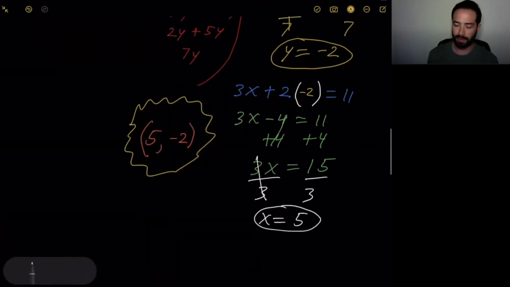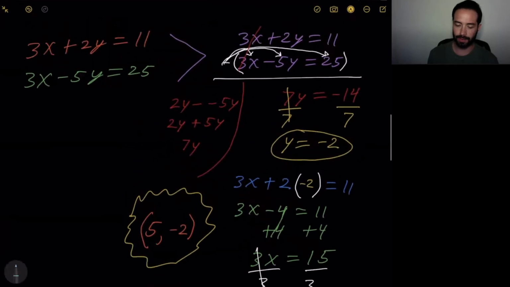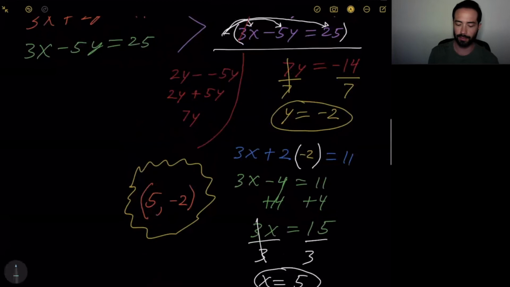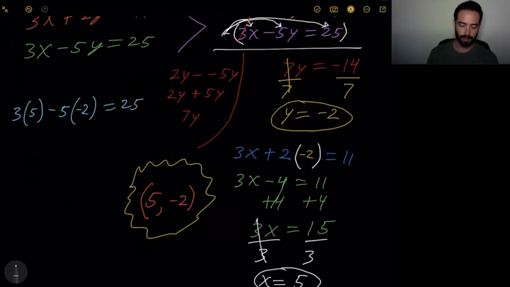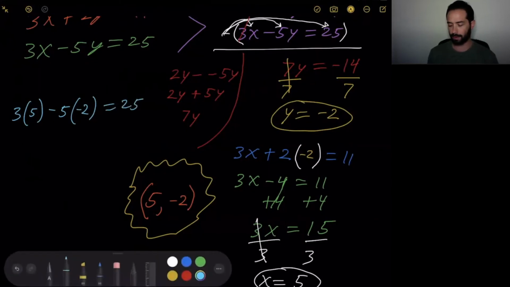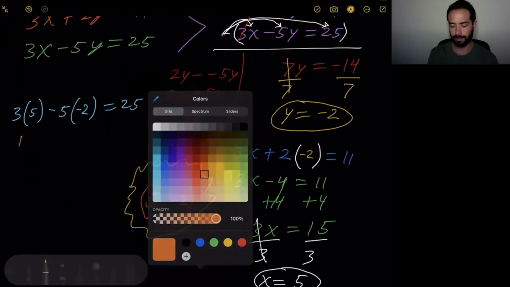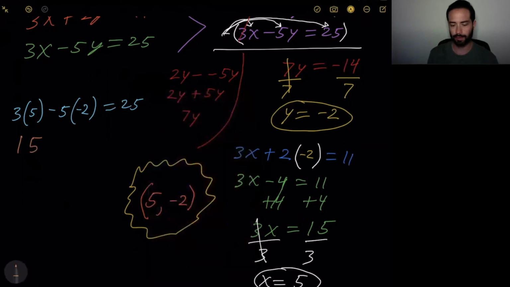We have 5 comma negative 2. Well, let's look back here at our original questions here. Let's start off with the 3x minus 5 times the negative 2, which is the y, equals 25. Okay, so let's do it. All right, 3 times 5, 15. There's your 15.